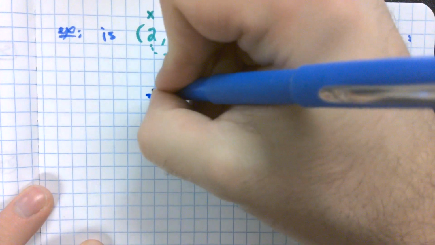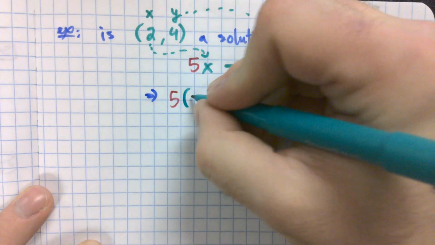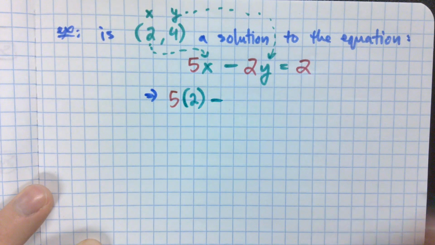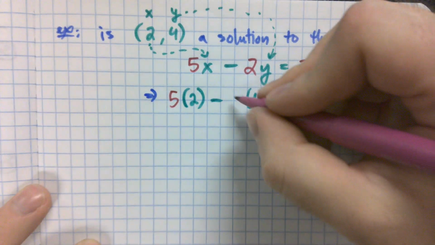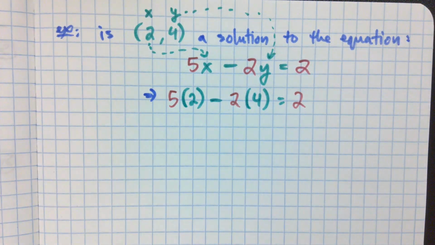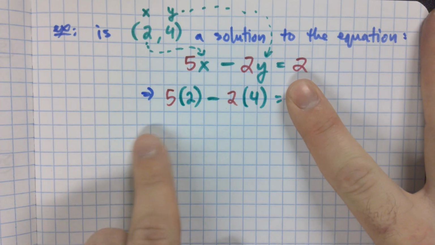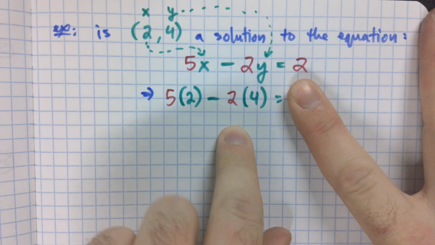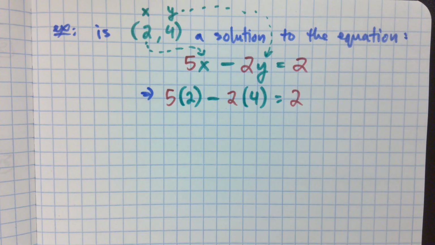So that'll look like 5 times 2 minus 2 times 4 equals 2. Hey, that looks just like our warm-up, aside from that 2 on the right. We multiplied, and then added or subtracted our products.